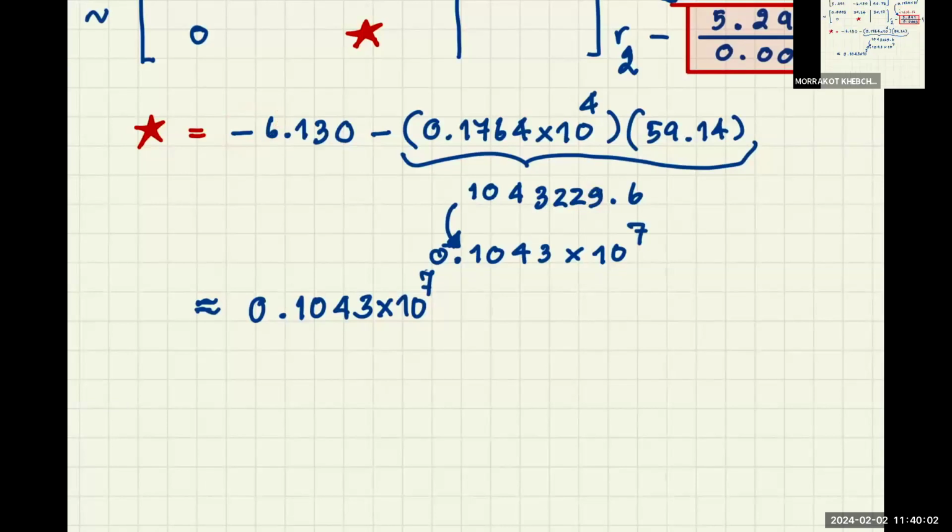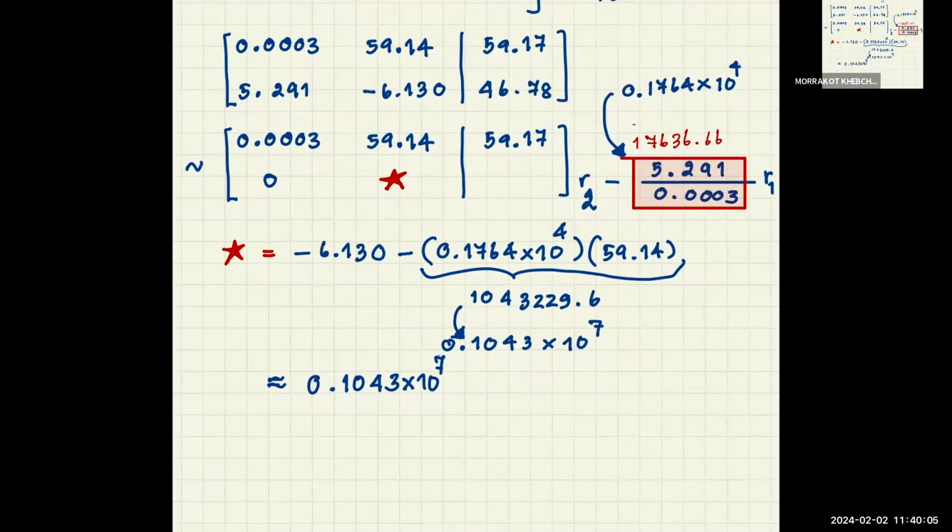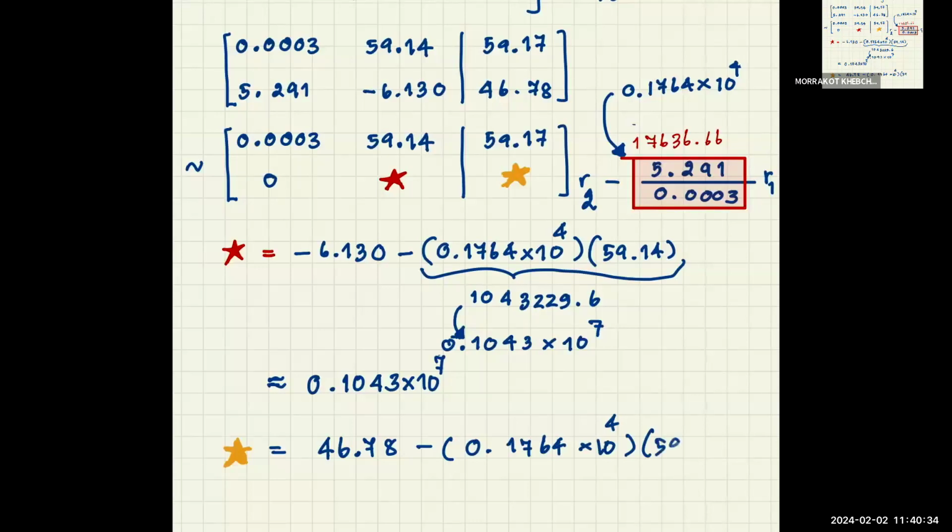Now let's see, how about this yellow star? It's gonna be 46.78 minus 0.1764 times 10 to the fourth multiplied by 59.17. Okay.